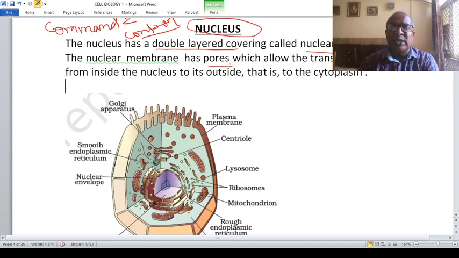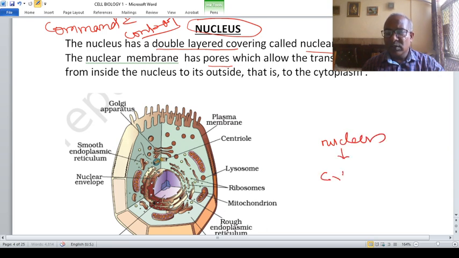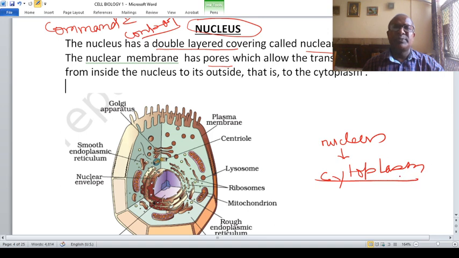This allows the transfer of material from inside the nucleus to the outside. So things can move from the nucleus to the cytoplasm.